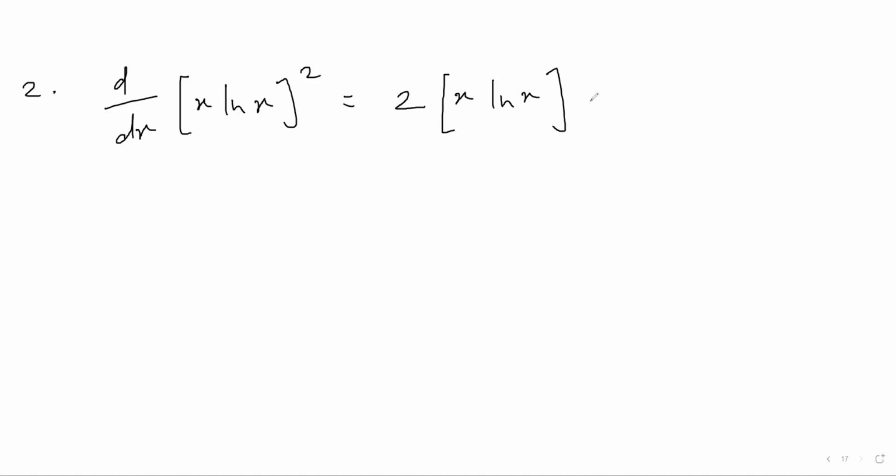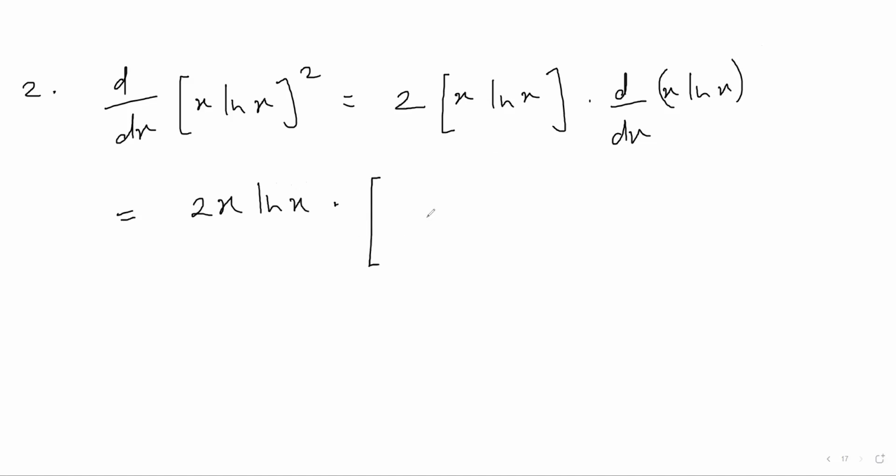Now we multiply this by the derivative of the function inside, which is x ln x. We've got x times ln x here, so it's a product of two functions. It looks like we have to apply the product rule in there. So we basically have 2 multiplied by x ln x multiplied by this derivative.